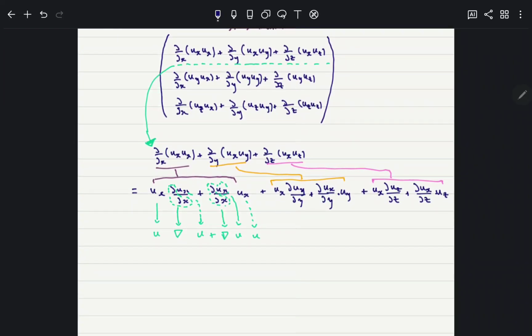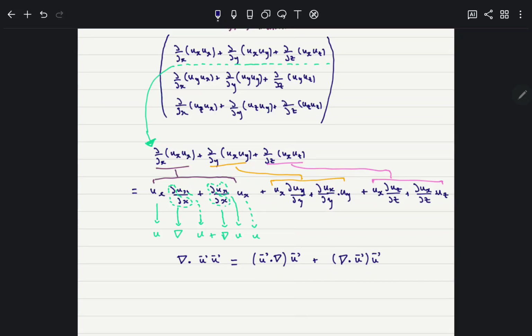So the point of doing this is that I wanted you to realize that the nabla operator, so the divergence of the dyadic product, actually equals the dot product of the velocity vector with that nabla operator multiplied by u, plus the dot product of that nabla operator and u, so basically the divergence of u, again multiplied by u.